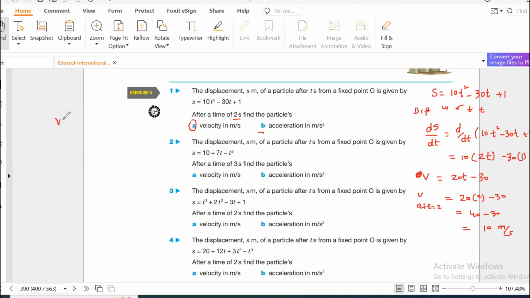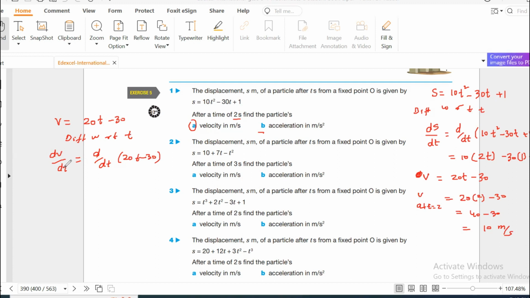Now, we have v = 20t minus 30, so apply the derivative again, differentiate again with respect to t, which gives me dv over dt, equal to d over dt of (20t minus 30).